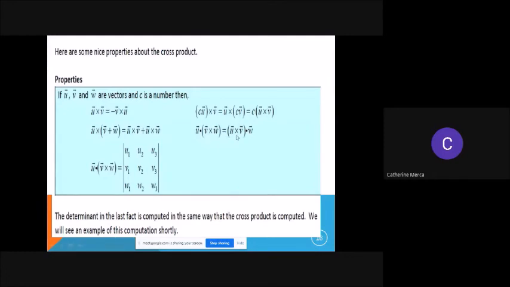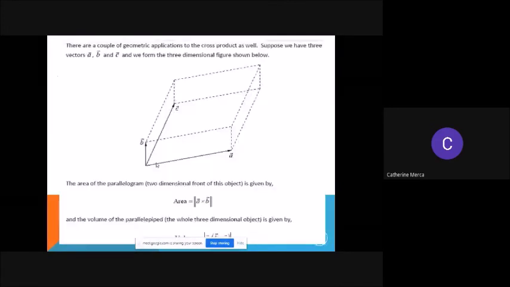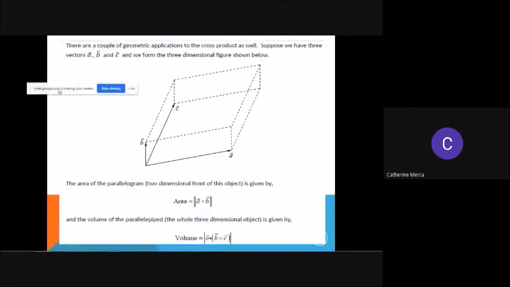Take a look at U cross V dot W, and U dot V cross W, which is the determinant. So those are the properties. Another quantity that we can derive from the cross product is the area.